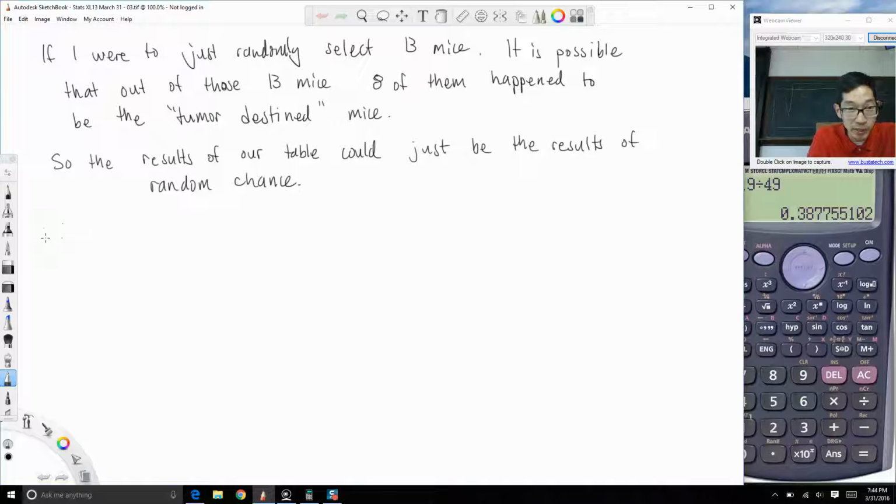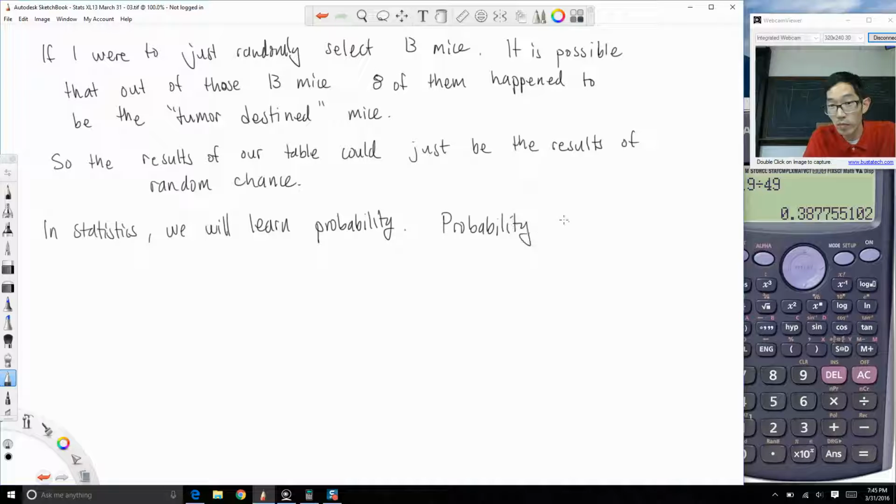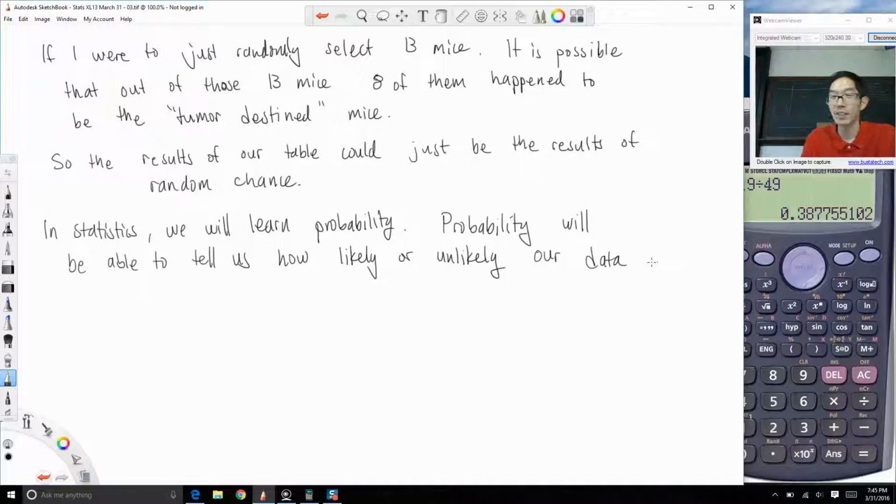So in statistics, we will learn probability, and probability will be able to tell us how likely or unlikely our data, our results, are.